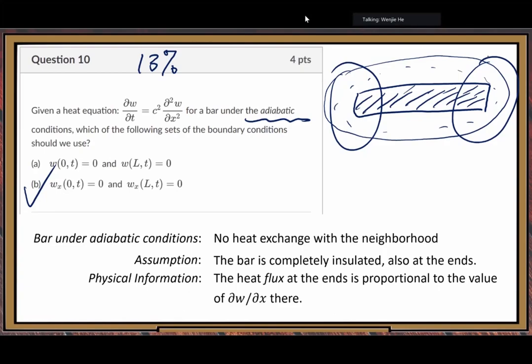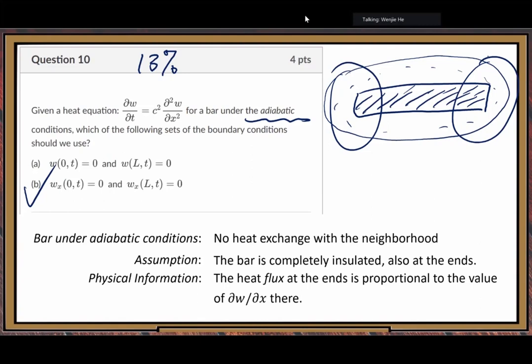So the first boundary condition is the function value, the W function. Do we mean the temperature, right? The temperature of the bar, okay? So the temperature value being zero at the ends is different from the derivative being zero at the ends.